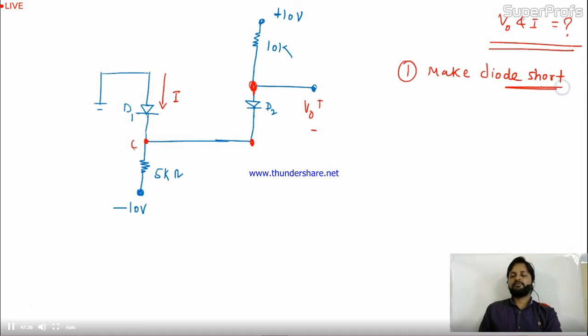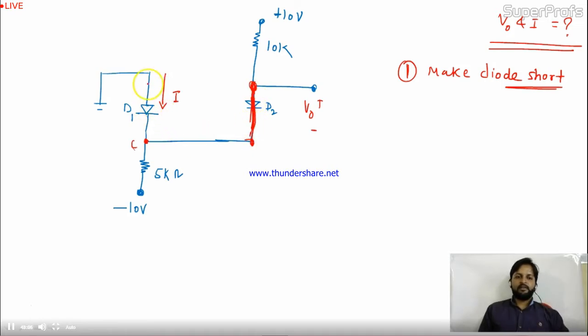Means you take a short circuit of the diode; you assume they are connected in forward bias. Later it will become clear if our assumption is wrong, so don't worry about this. The very first step is to make the diode short circuit, or consider the diode in forward bias, by default. If you consider this diode as a short circuit, I can remove this diode and it will act like this.